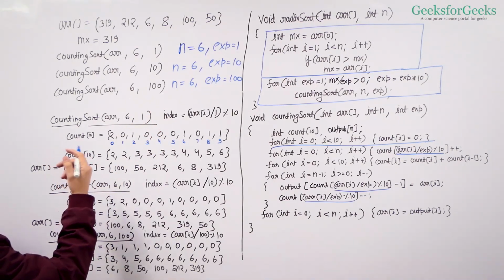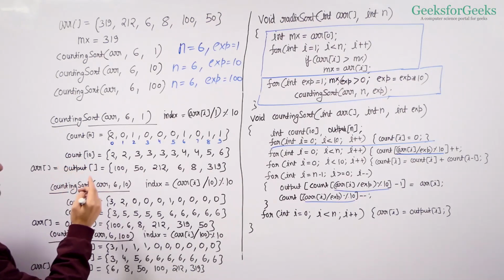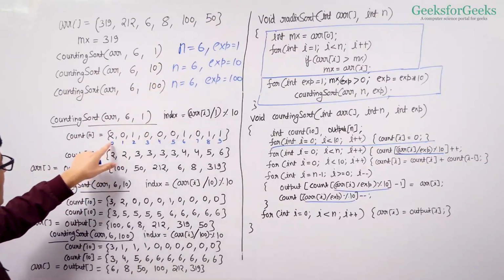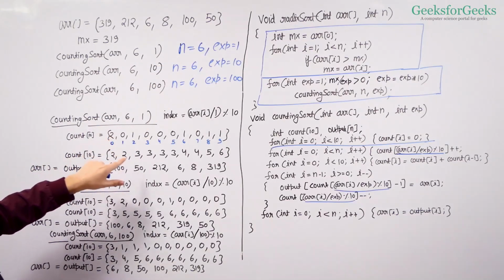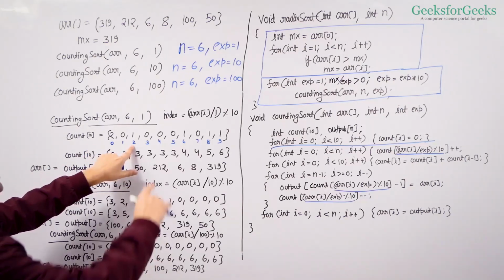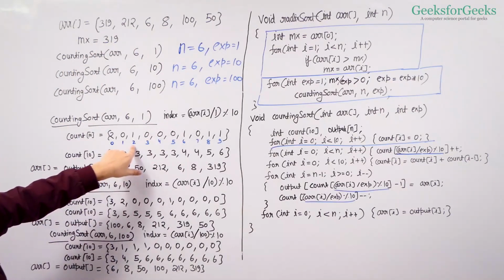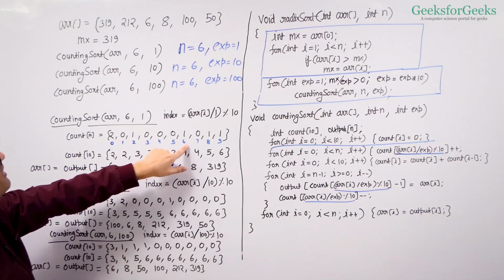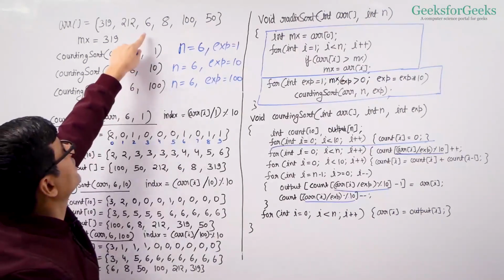So how many numbers do we have with last digit 0? We have 2 numbers, 150 and another. That's why we have count of 0 as 2. Then we have no number with last digit 1. Then we have 1 number with last digit 2. So the count is 1. Now we do not have any numbers whose last digits are 3, 4, 5. Then we have a number where the last digit is 6, and the number is this 6.